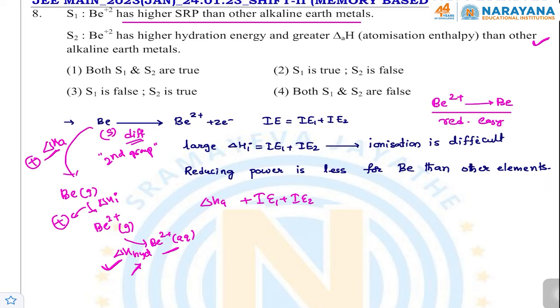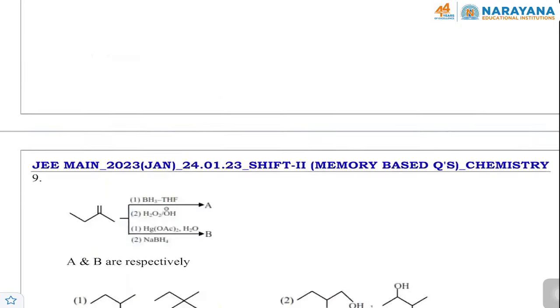Therefore, compared to other elements, it has less SOP because oxidation is difficult, and more SRP is observed. So both statements 1 and 2 are correct.